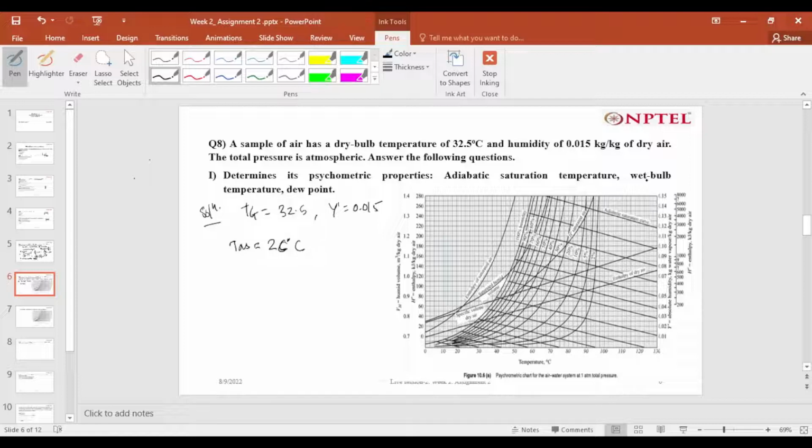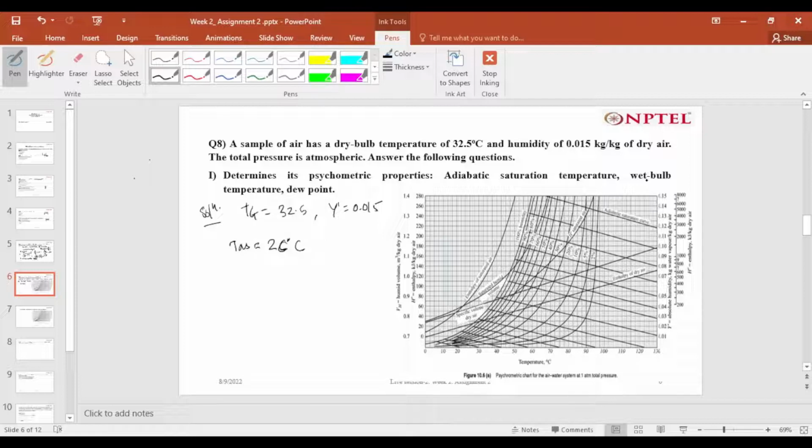Kg of water. Now the condensation of water that occurs is equal to the humidity given initially, 0.015, minus the saturation humidity, 0.0105, equal to 0.0045 kg of water per kg of dry air.